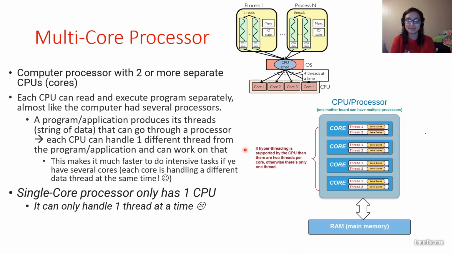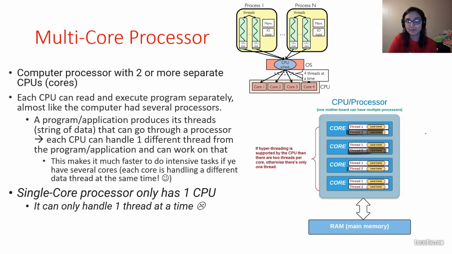It's like a divide and conquer approach, where you have all these cores and you give them each one thread of data. But in an extreme situation, with hyperthreading, a core can support two threads. Otherwise, there typically is just one thread for one core, one string of data.